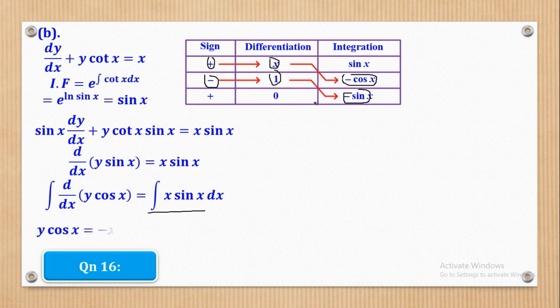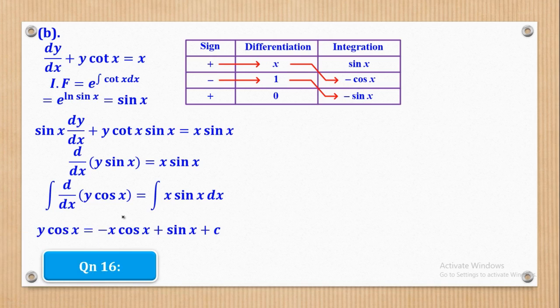So when you do that, you shall come up with this expression. For this one, this cancels, you remain with y cos x. For this part, you are going to get negative x cos x, and this negative gives a positive to get positive sin x. But don't forget the constant of integration.